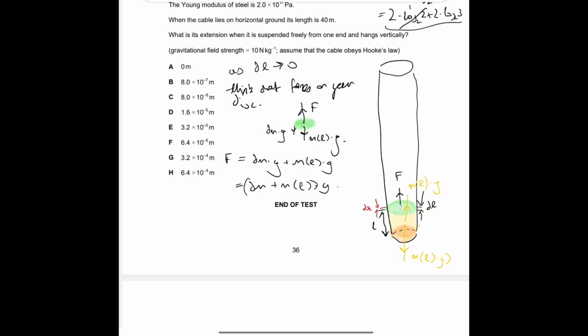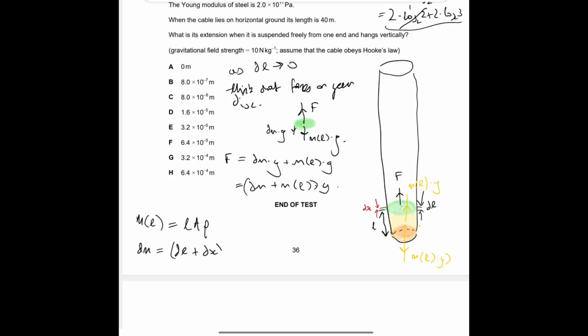So we have an expression for ml. That's simply this length L times the cross-sectional area to get the volume, times the density. And then dm is going to be dl plus dx.